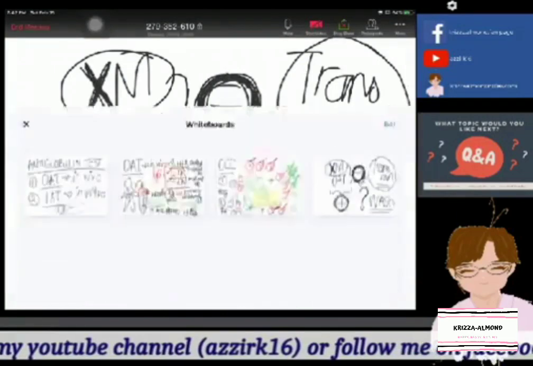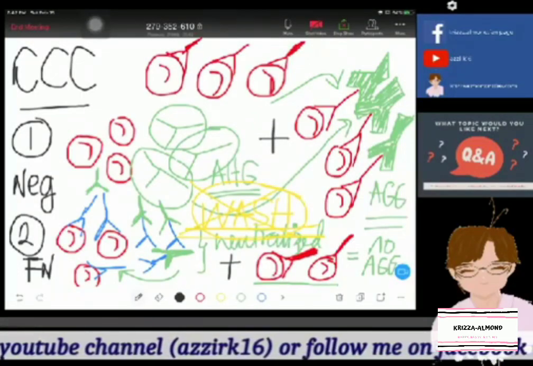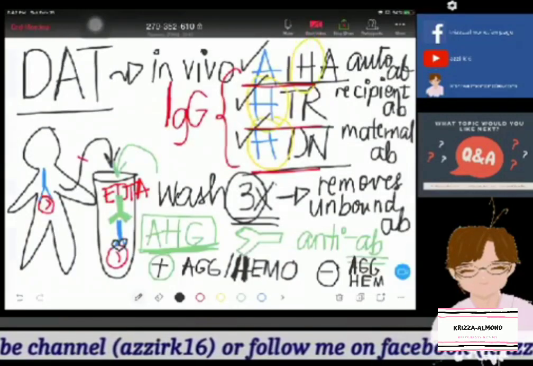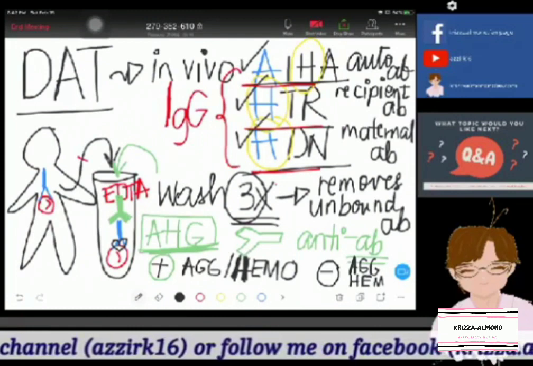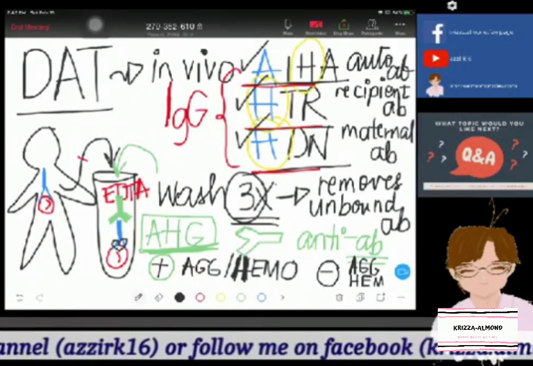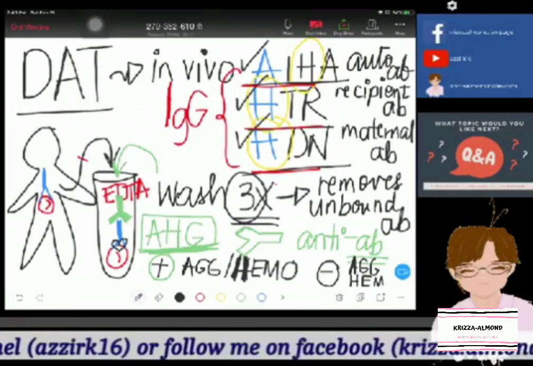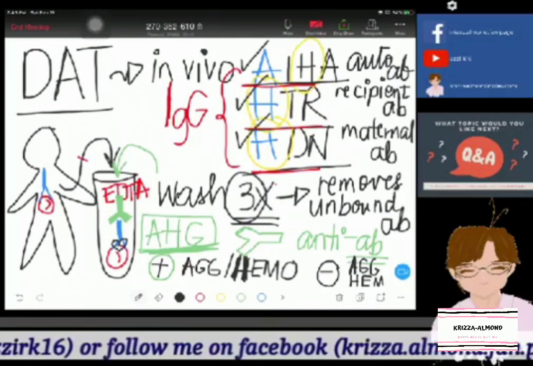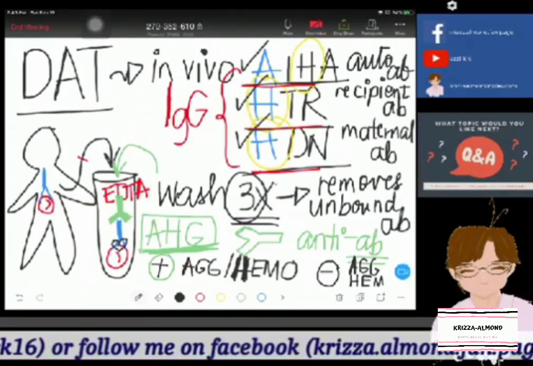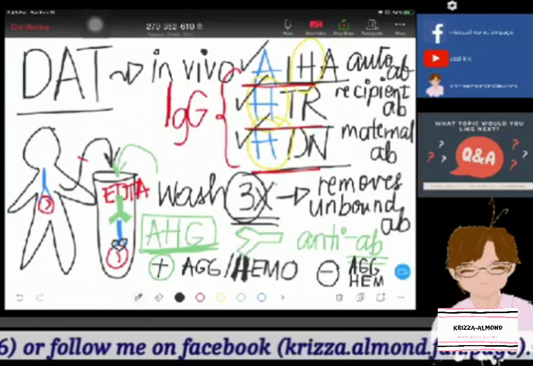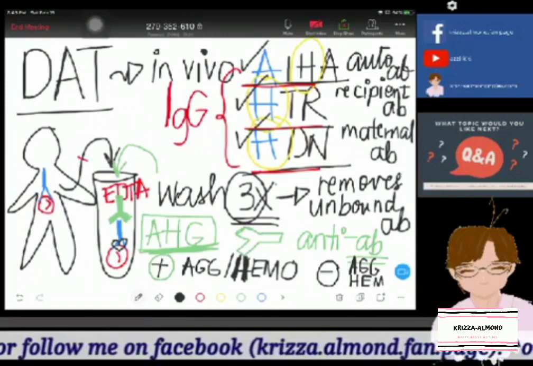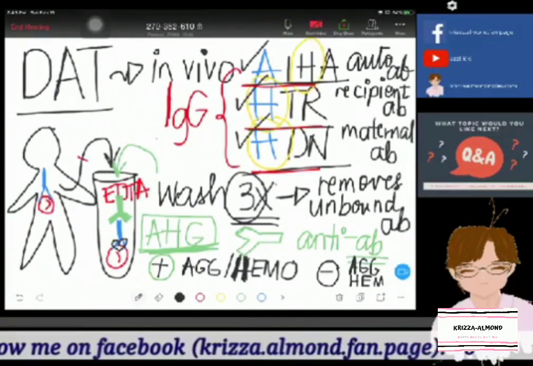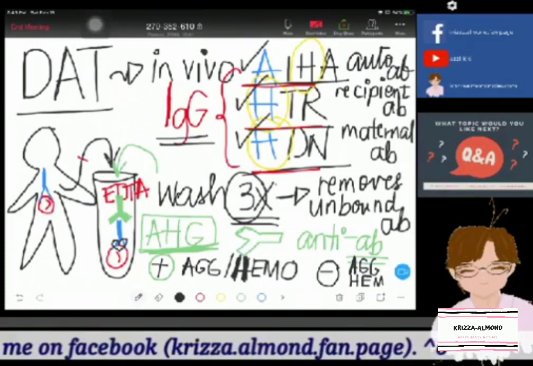So, let's go back to our previous picture. One more time, this is your direct antiglobulin test. One more time, a summary na lang. Ang ating direct antiglobulin ay nagde-detect ng in vivo sensitization at itong in vivo sensitization na to ay nangyayari sa tatlong conditions: autoimmune hemolytic anemia, hemolytic transfusion reaction, or hemolytic disease of the newborn, kung saan ang mga antibodies na nabanggit natin ay maaaring IgG in nature at hindi agad-agad makita.